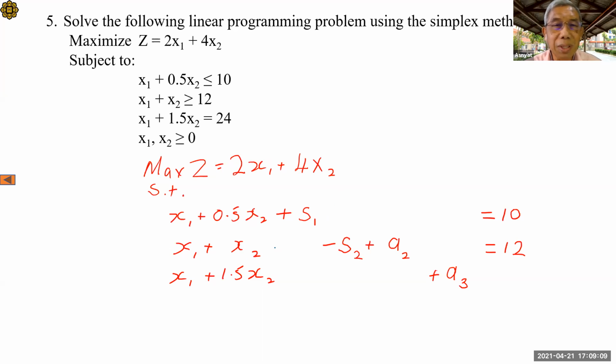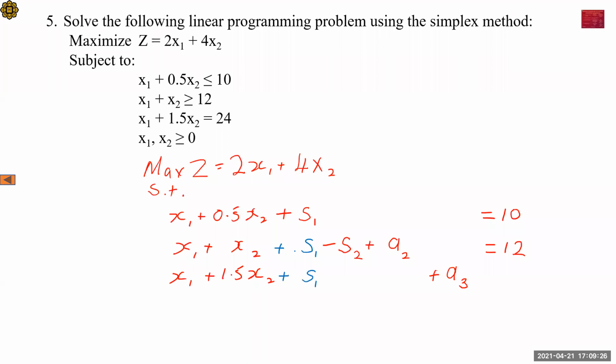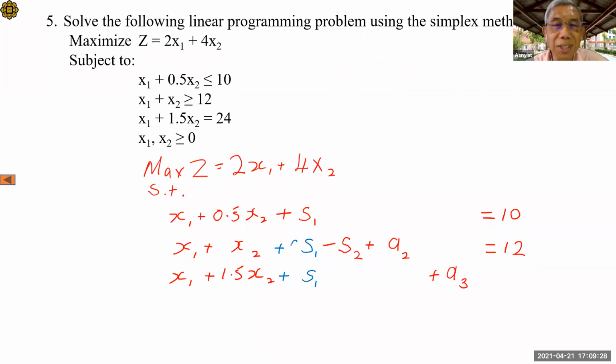S1 must be added in equation 2. The same thing at equation 3, S1. What coefficient? 0. Then S2 also must appear in equation 1, and also must appear in equation 3, S3.